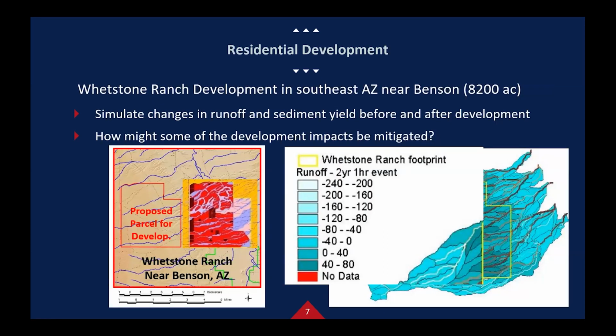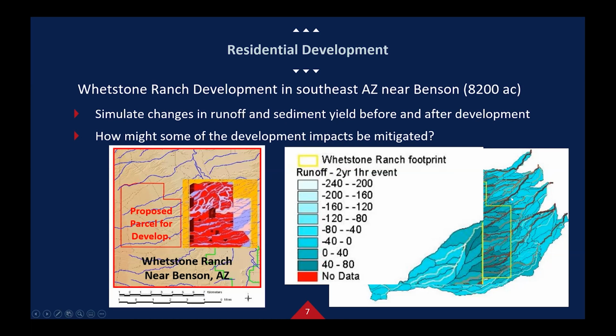This is another example of using the land cover change tool. We can incorporate, for example, an urban development within the watershed. That includes potentially changing the channel system, as well as the change in cover, and then model the result. So in this situation, we had an urban area being proposed within a subwatershed in San Pedro, and then we modeled the potential impact of that development.